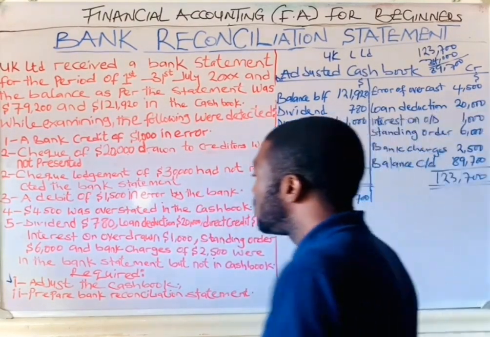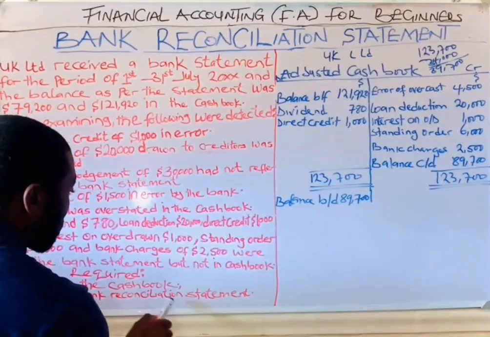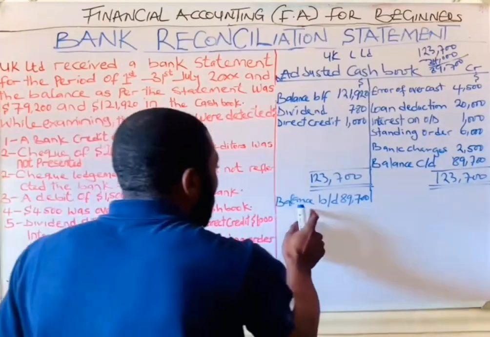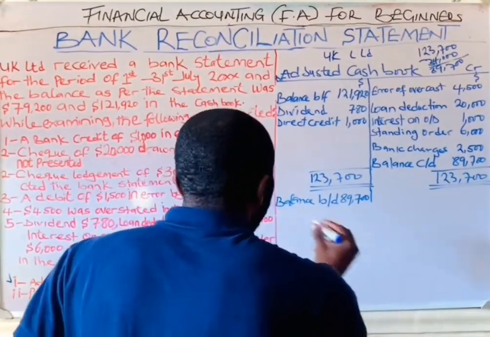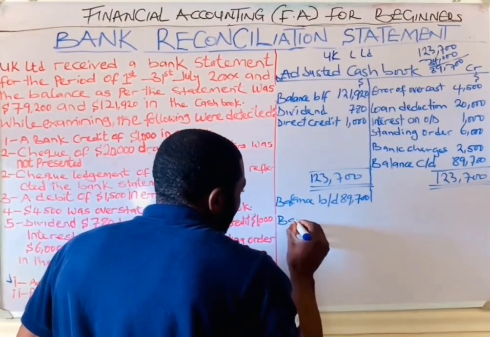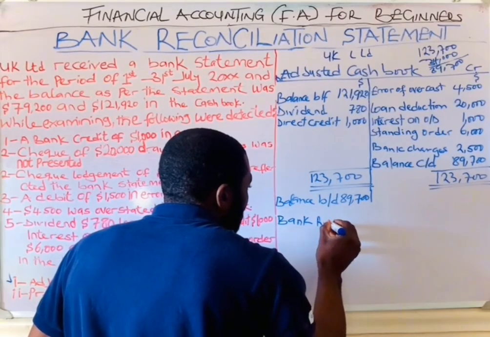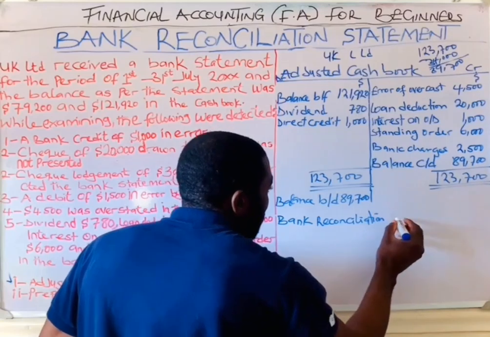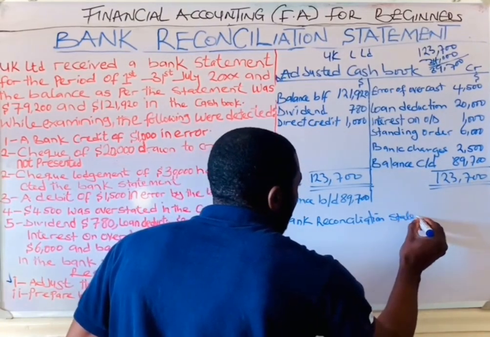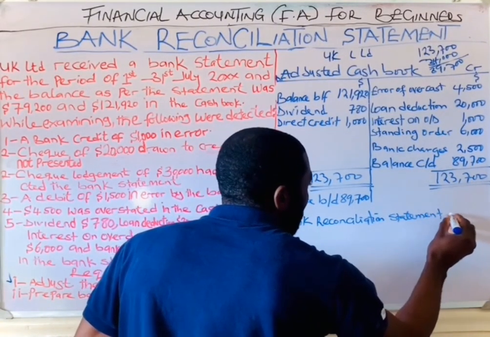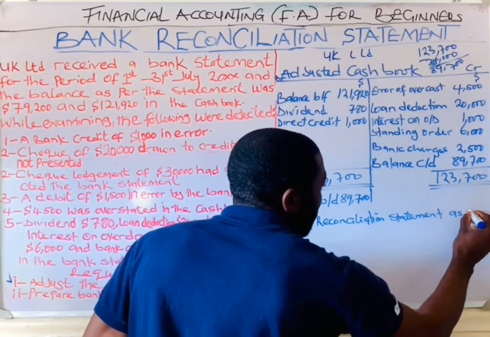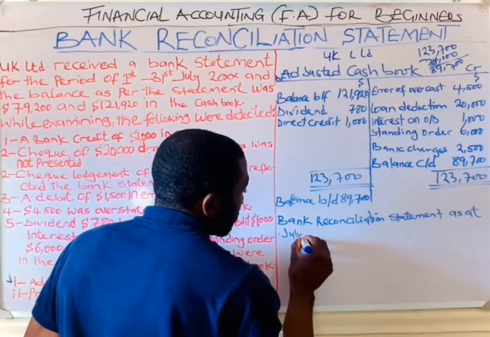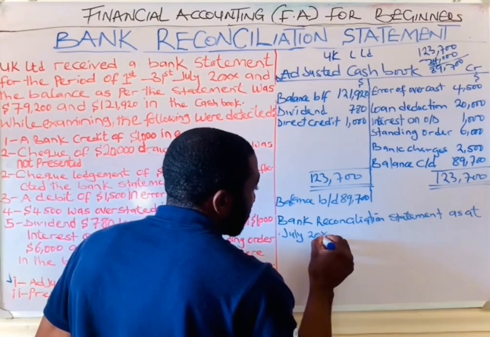So if we want to prepare our bank reconciliation statement, starting with the adjusted cash book balance, what we're going to use, say bank reconciliation statement as at July 20XX.